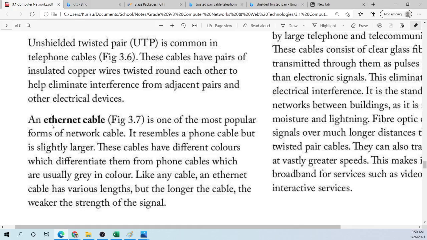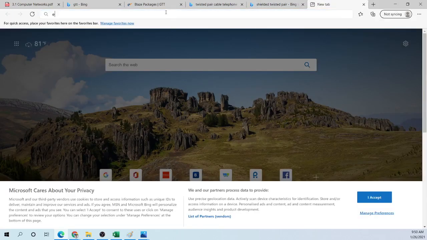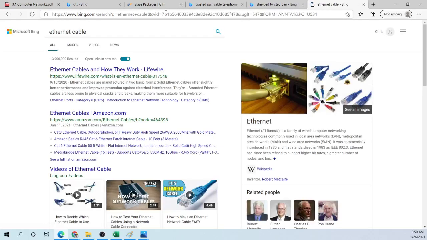In networking, the Ethernet cable mostly refers to the cable that you would use to connect your computer to the router or your modem to the router. So that 4 pair of cable, that's what you would mostly refer to as the Ethernet cable.